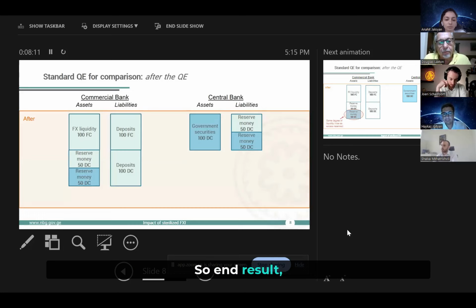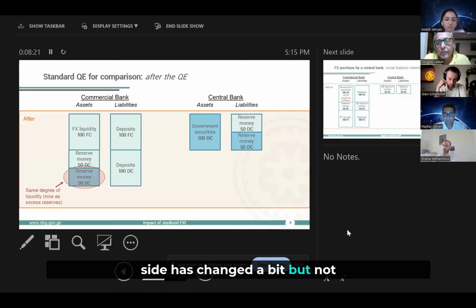So the final balance sheet of this simple operation is that for the commercial bank, the asset side has changed a bit, but not that much. If you think about how much liquid assets this commercial bank has, it has the same amount of free or unencumbered liquid assets. So it's the same degree of liquidity on this commercial bank's balance sheet.